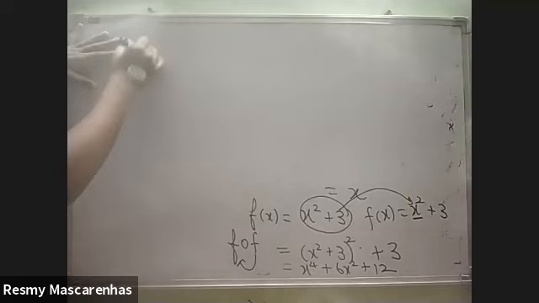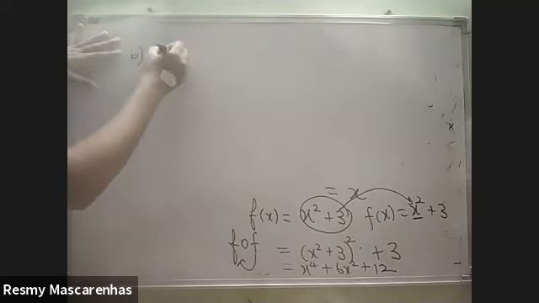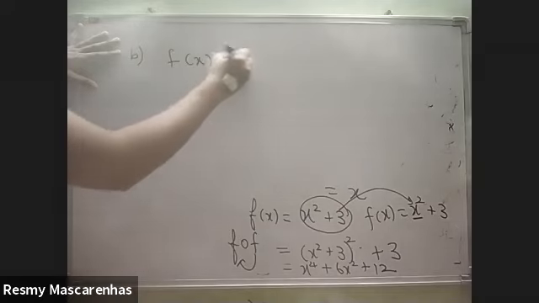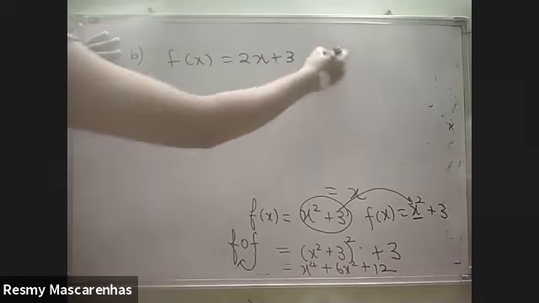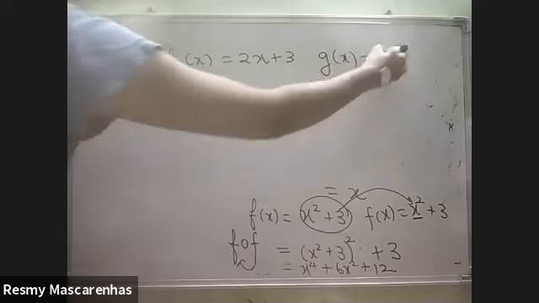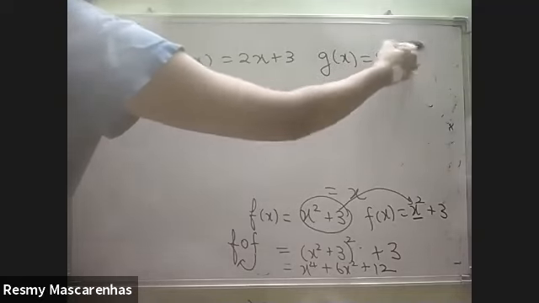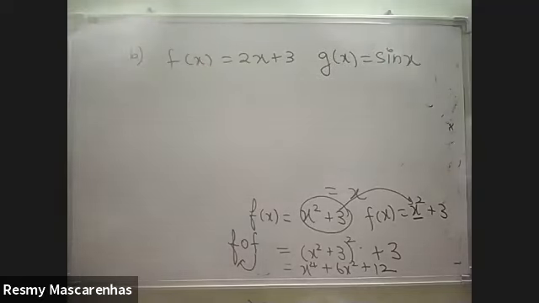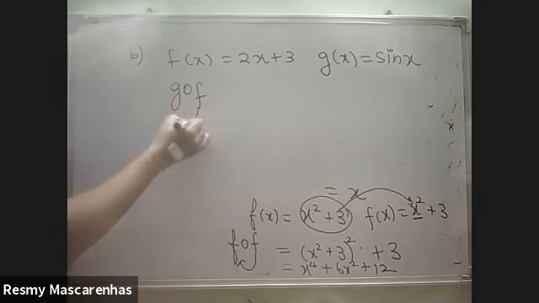Now B1. f of x is 2x plus 3, g of x is sine of x. Okay, now start finding. First one, GOF we will find. Means what?